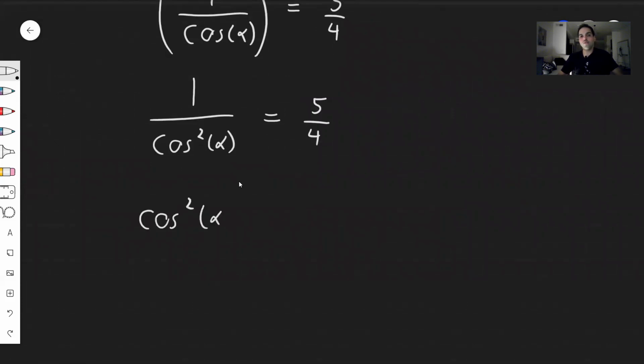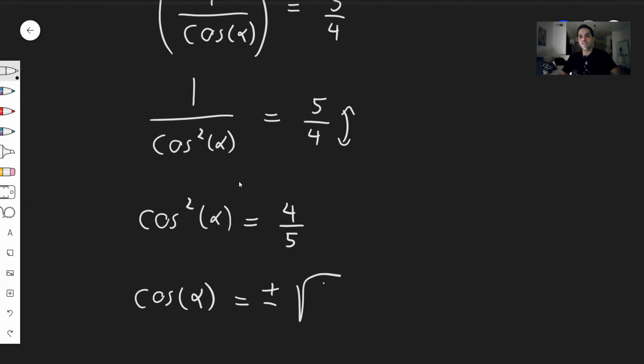So cosine squared of alpha becomes 4/5. What is that telling us? It tells us that cosine of alpha is either plus or minus square root of 4/5, and that's plus or minus 2 over square root of 5.